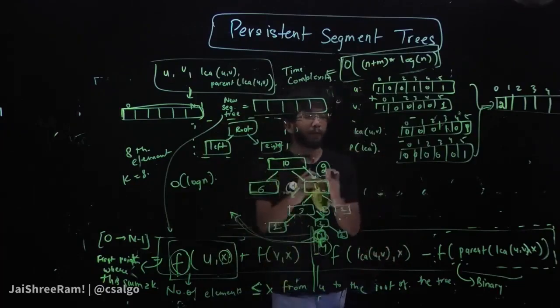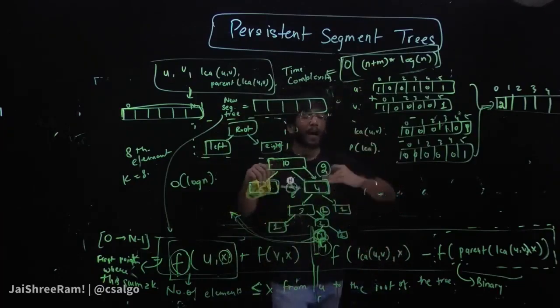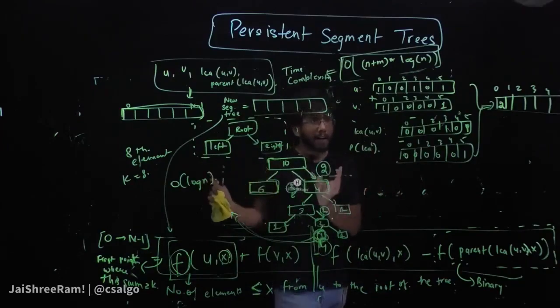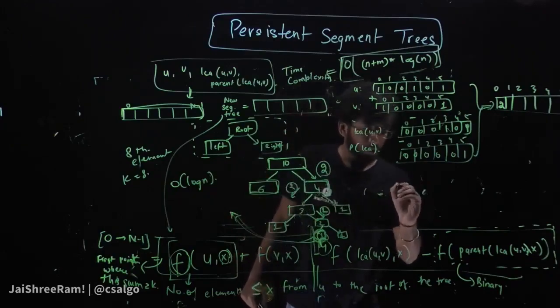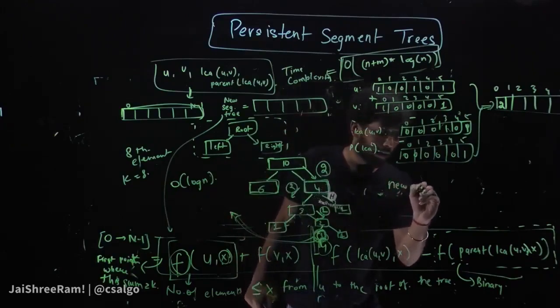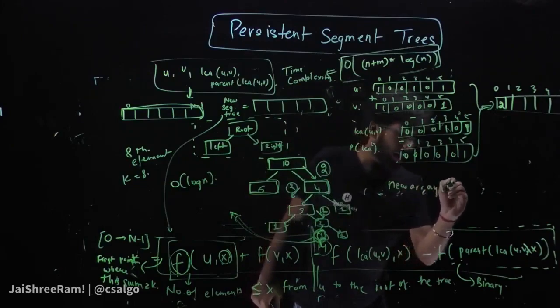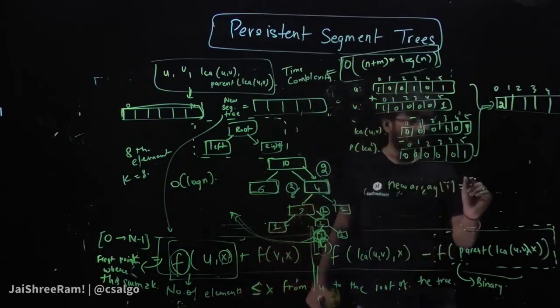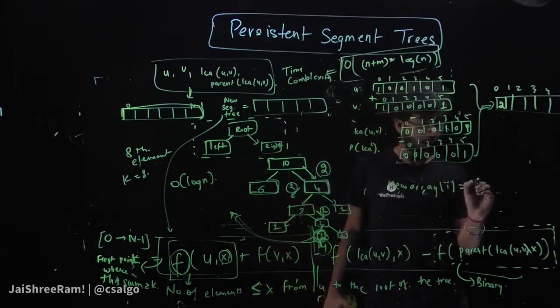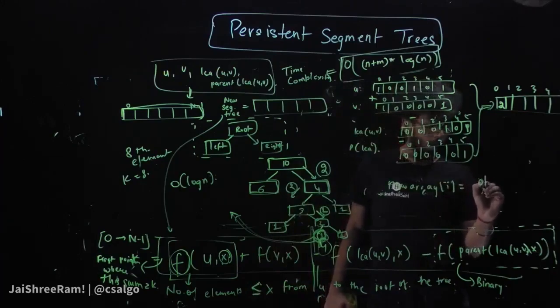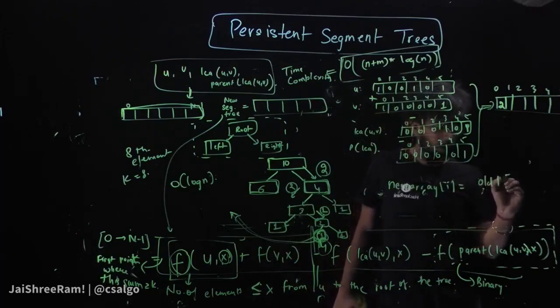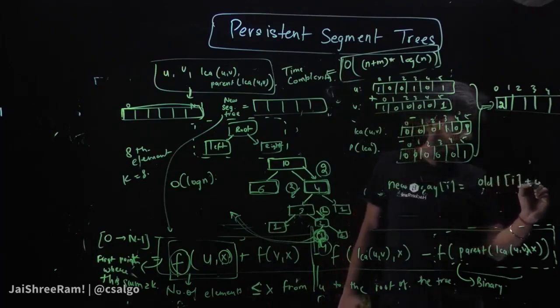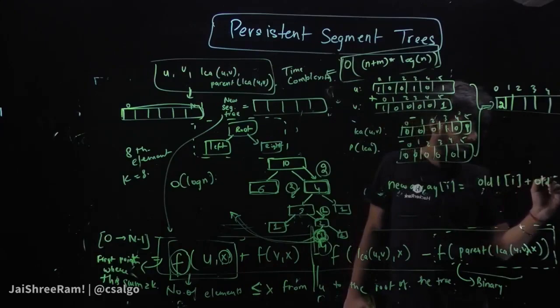So if I have 4 arrays of equal sizes, then adding arrays is actually: the new array of i would be old 1 of i plus old 2 of i.